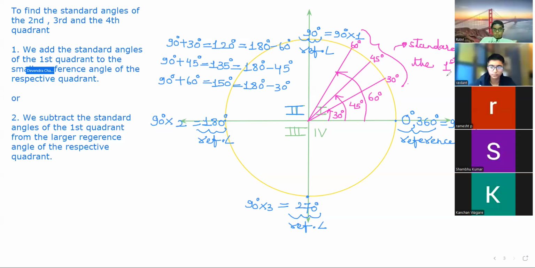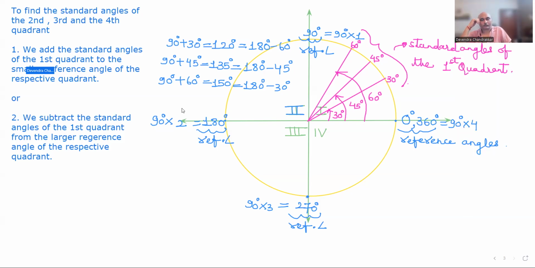Okay. So now, before you start writing, I have a question for all of you. This is an exercise which I want you to do. You have to find the standard angles of the third and the fourth quadrant. First, you answer this question in the chat window.